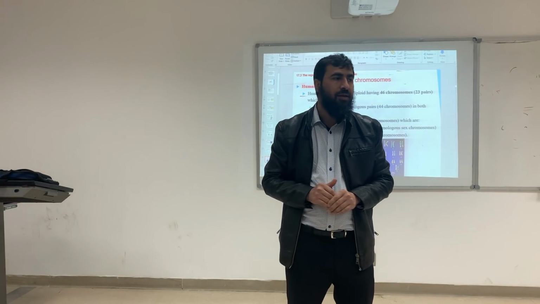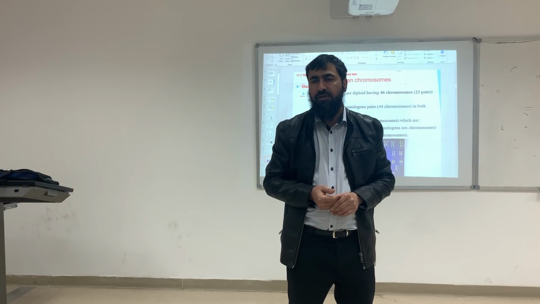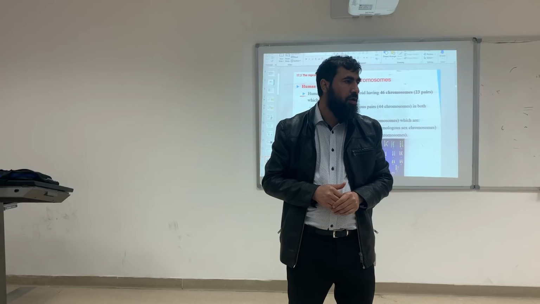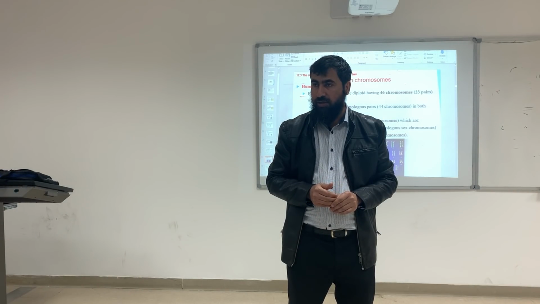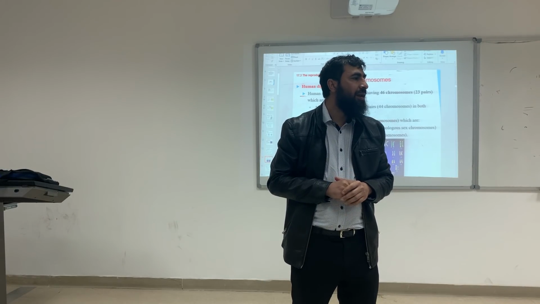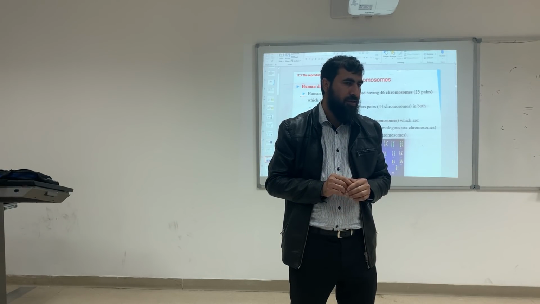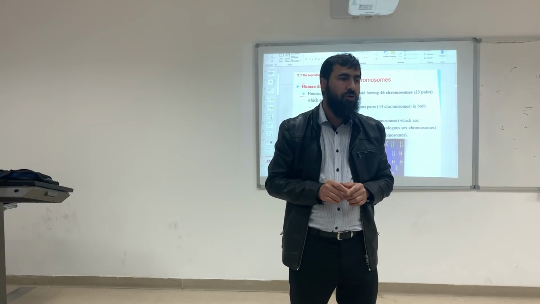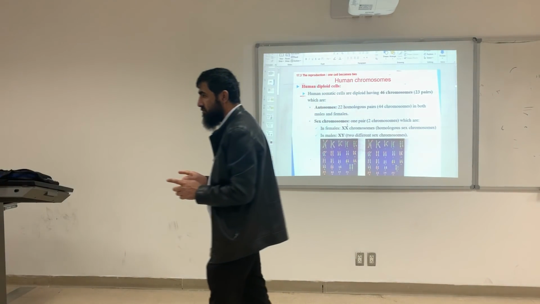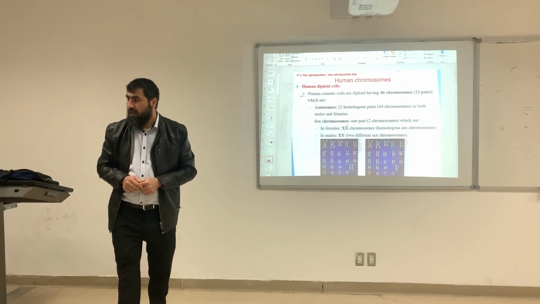You need to have 44 chromosomes, one from mother, one from father, 22 autosomes. Remember the autosomes, and X plus X. Not XY. All your chromosomes will be homologous. Everybody got that? X and X.